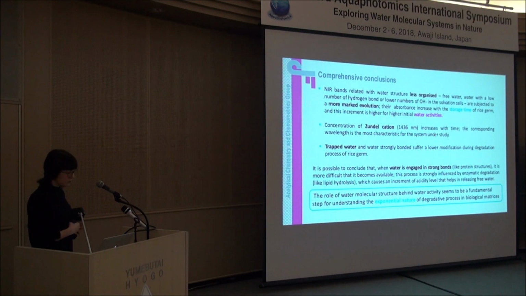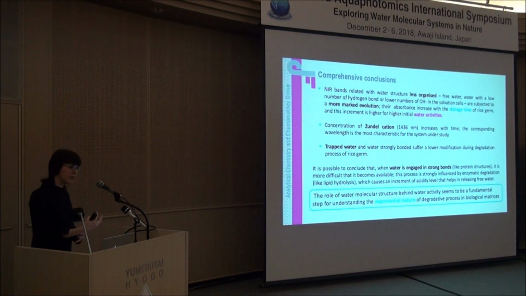So it is possible to say that when water is engaged in strong bonds, it is difficult for it to become available. But during the storage process of our food matrix, we have enzymatic degradation. And this enzymatic degradation can cause an increment of the acidity of the system that helps to release water.